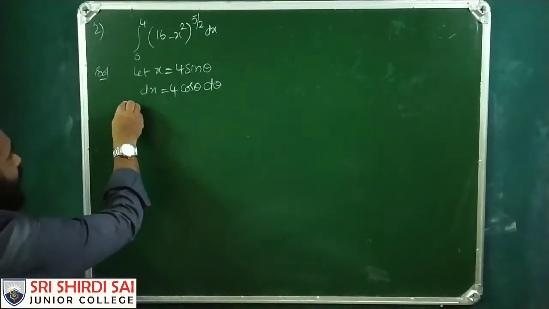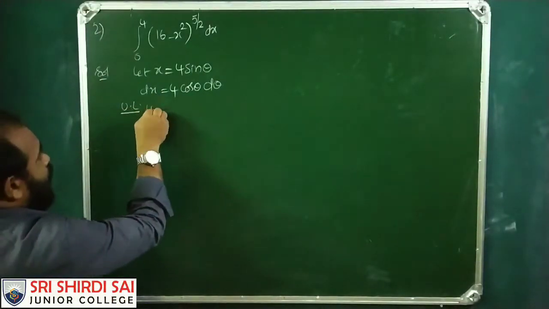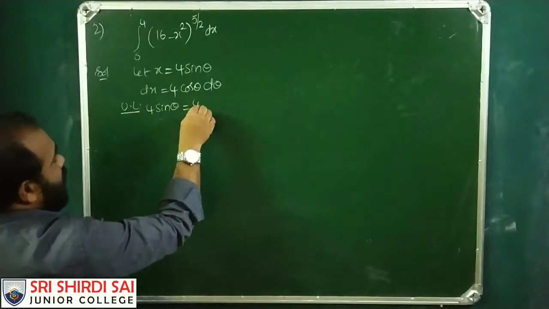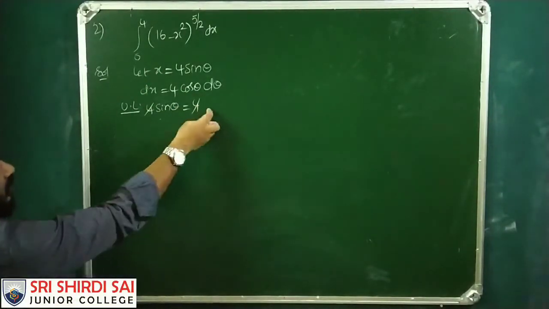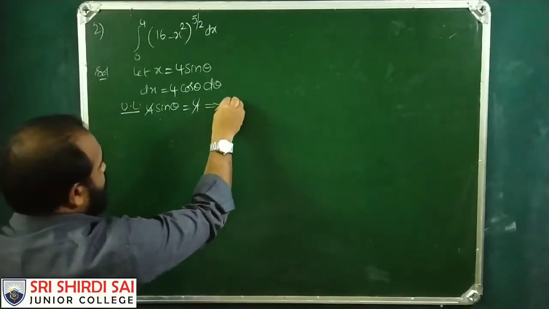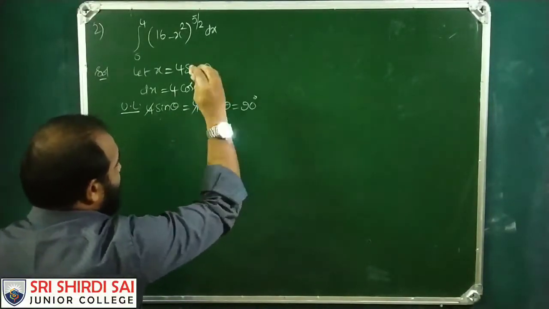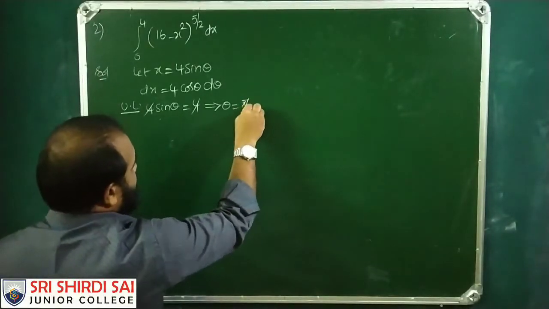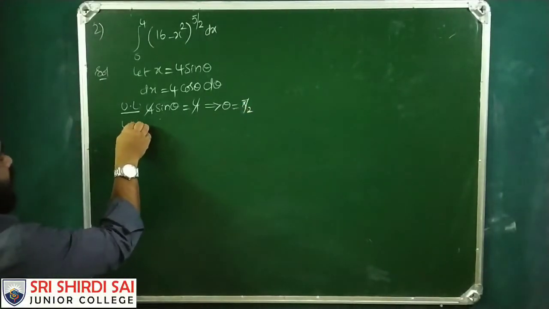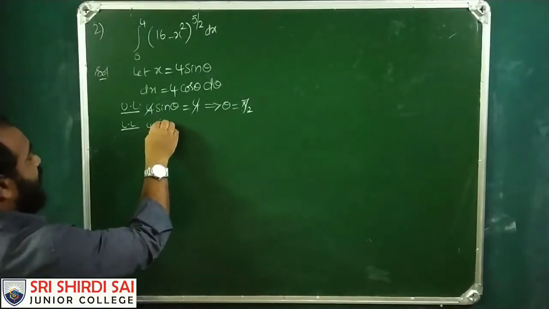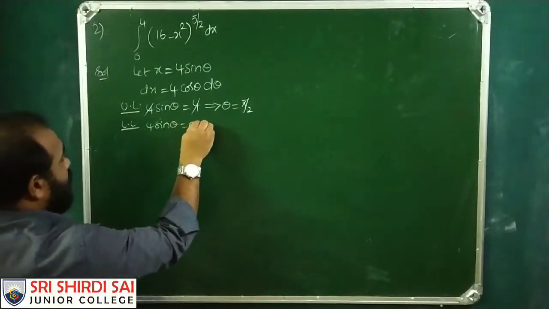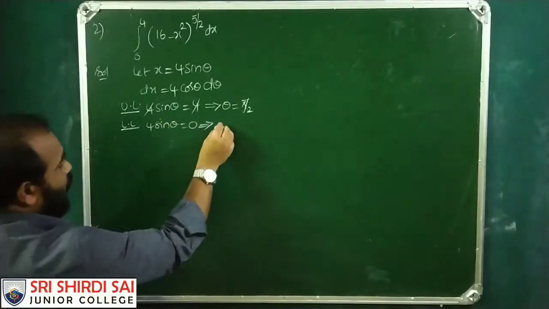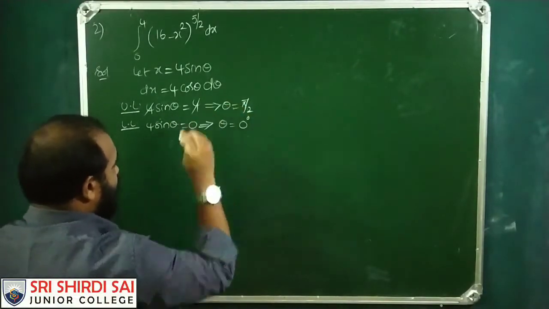So upper limit: 4 sin theta is equal to 4, 4 gets cancelled, sin theta is 1, then theta is equal to 90 degrees or pi by 2. Next, lower limit: 4 sin theta is equal to 0, then sin theta equals 0 by 4. So theta equals 0 degrees.